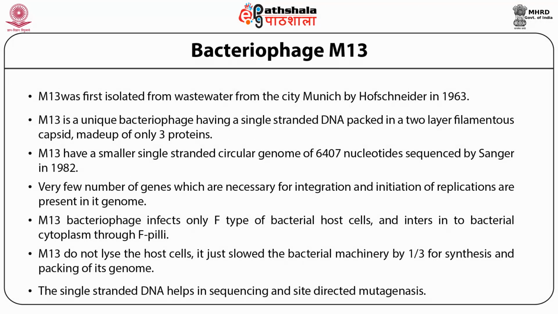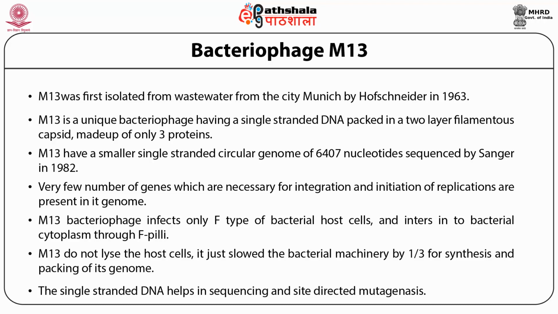Bacteriophage M13 is a filamentous phage that infects E. coli via the F pilus. The genome is a single-stranded circular DNA of size approximately 6.4 kb, surrounded by a proteinaceous coat called the capsid. The DNA strand present in the phage is called the plus strand. After entering the E. coli host, it converts into a double-stranded DNA molecule called the replicative form, that is RF, by utilizing bacterial machinery.